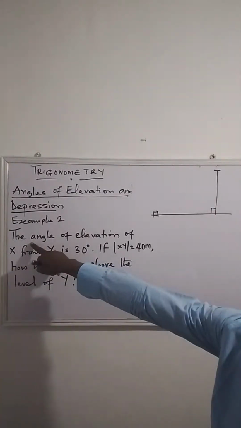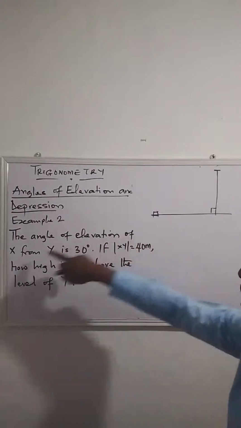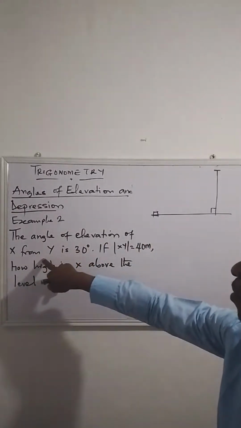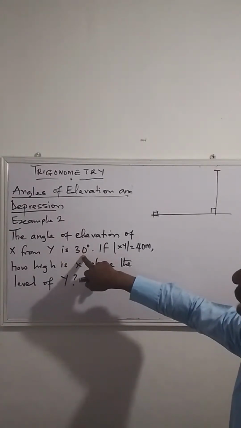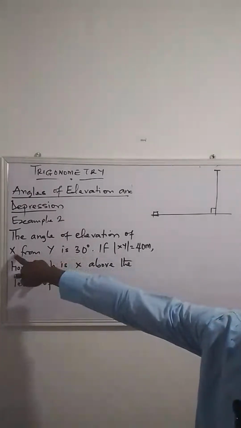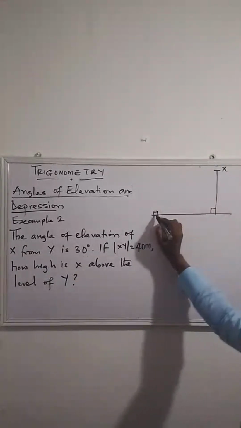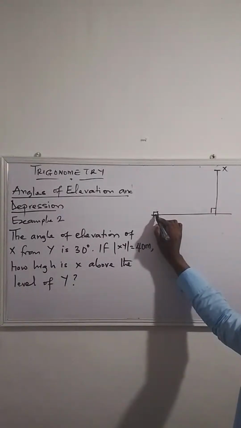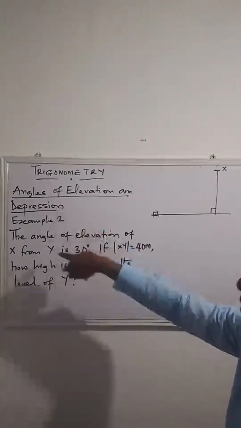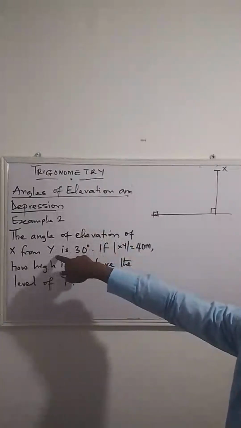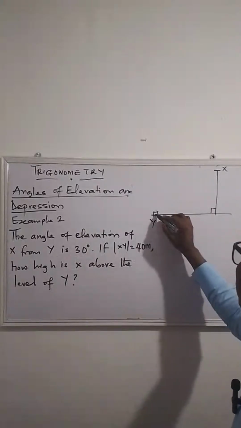Now, let's read the question. The angle of elevation of x from y is 30 degrees. This is x. The angle of elevation is here, because the question says from y. From y, that means y has the angle of elevation. So this place is going to be your y.